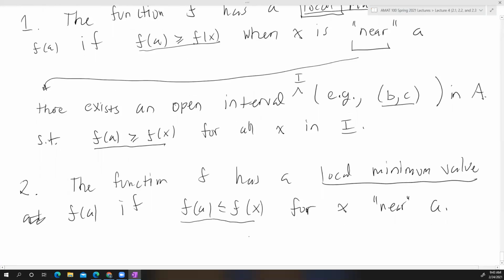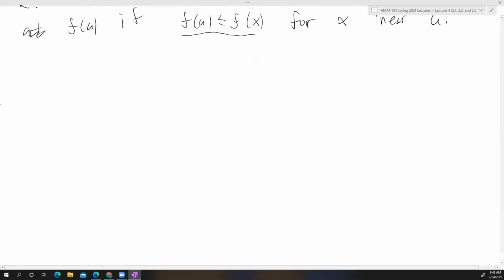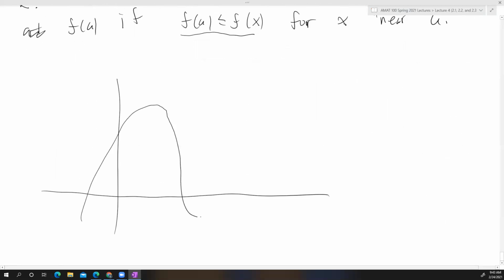So let's look at just a generic drawing for an example. So we might have a graph that looks like this. So right here would be a local max. This would be a local max.